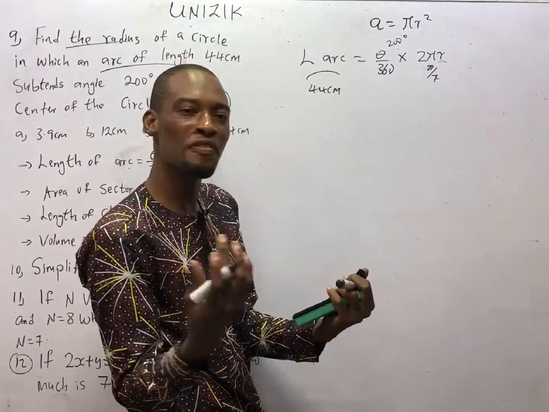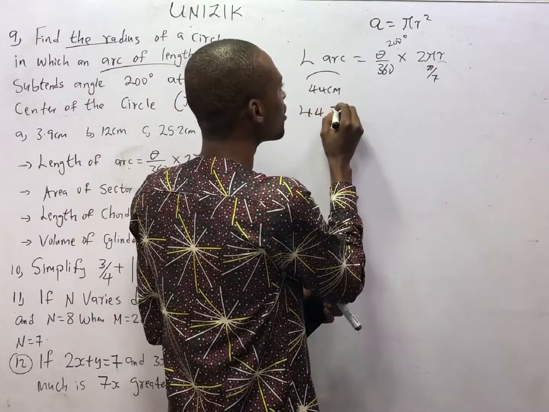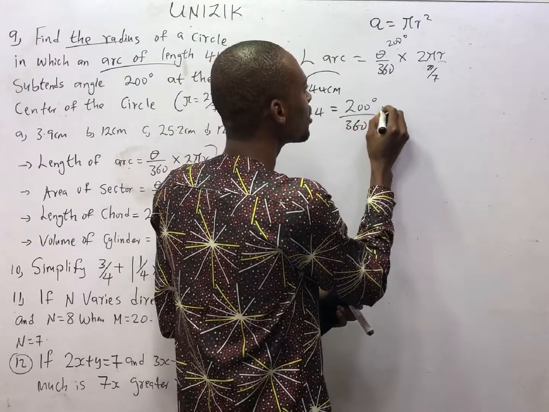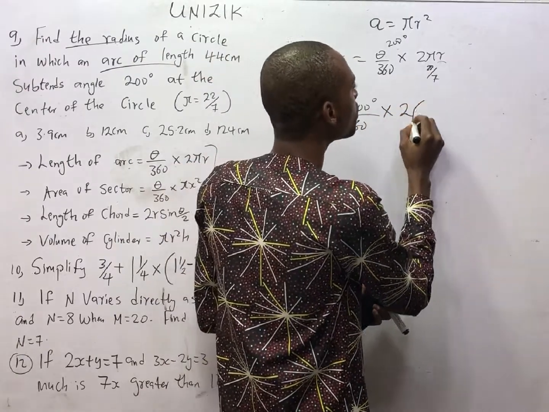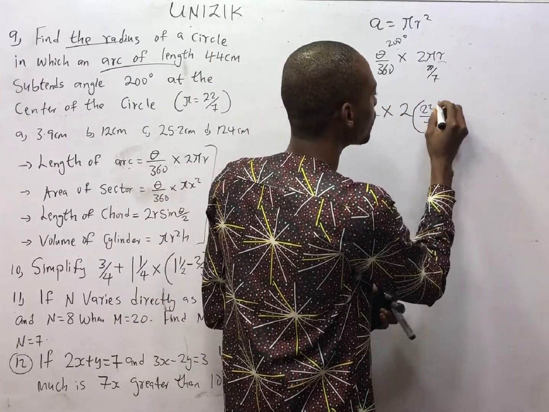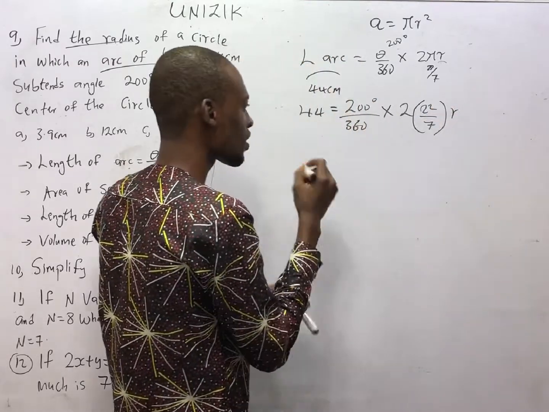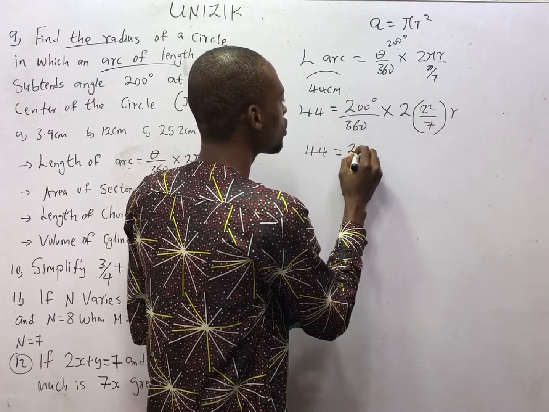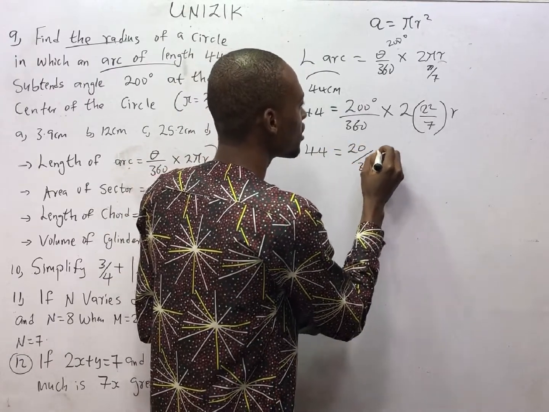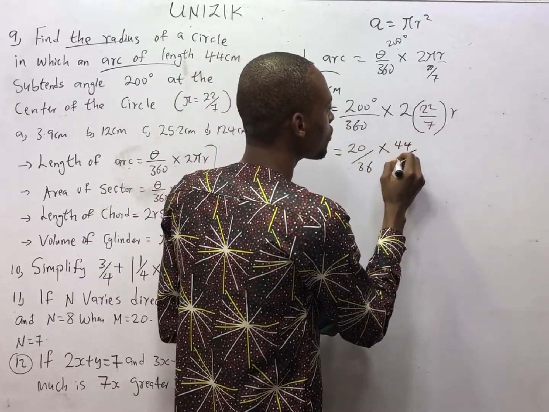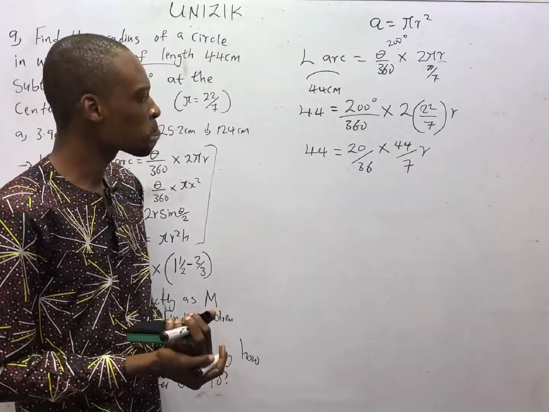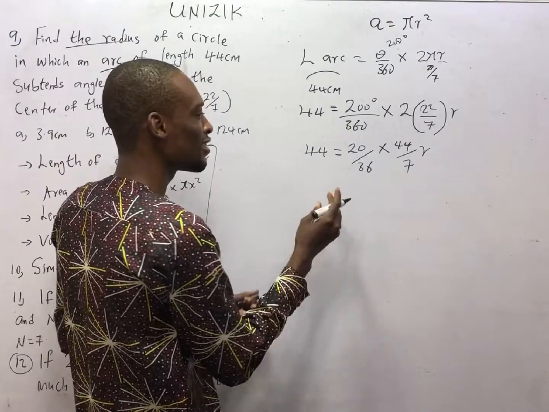Therefore, the length of arc 44 is equal to theta 200 degrees over 360 times 2 times 22/7 times radius. This is the same thing as 44 is equal to 20/36 times 44/7 r.